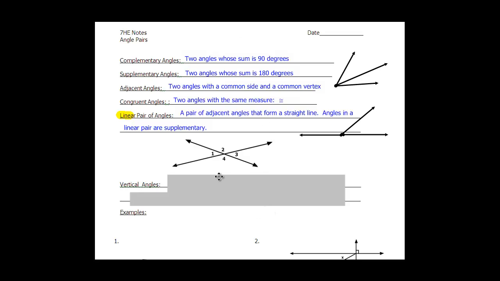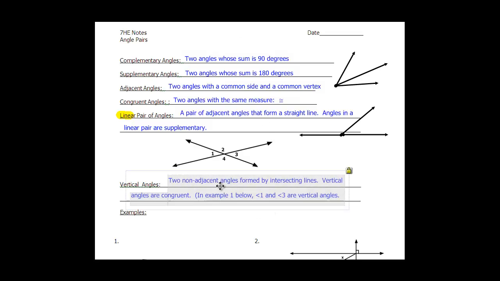Vertical angles. Vertical angles are two non-adjacent angles formed by intersecting lines. Vertical angles are congruent, okay? So in the example above, that should read, angle 1 and angle 3 are vertical angles. If you look at this, we have all different kinds of things going on here.